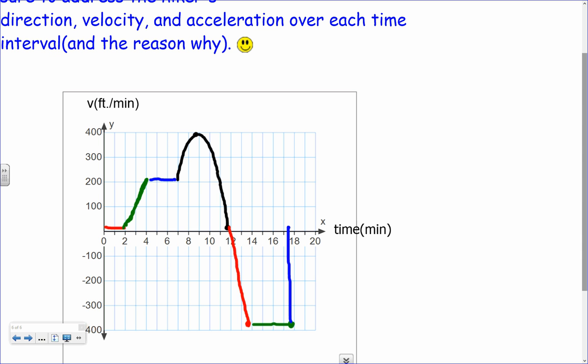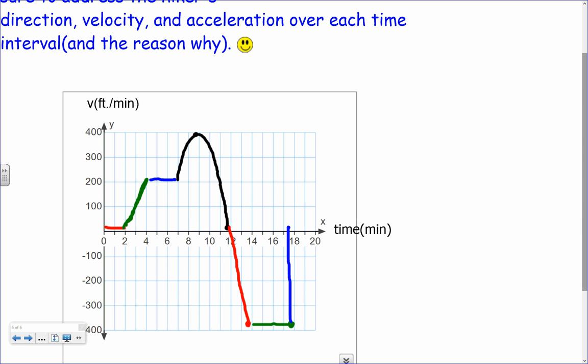From 0 to 2 minutes, the hikers may be packing their bag or getting ready, eating a sandwich, or different things going on, tying their shoe, things like that. From 2 to 4 minutes, the hiker is accelerating up to and then holding at a speed of 200 feet per minute. That's the blue line segment there.